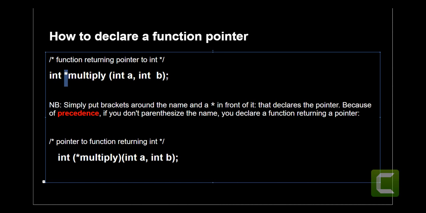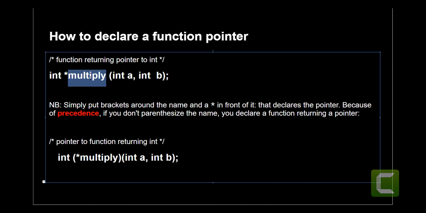But remember that in this case we have our function, which is called multiply, and on its left it has the asterisk, which is indicating that this is supposed to be a pointer, but on the right it has the parentheses and two arguments inside it, which now will point to it being a function. So at the end of the day, these two will be competing for the variable multiply, which is the function name.